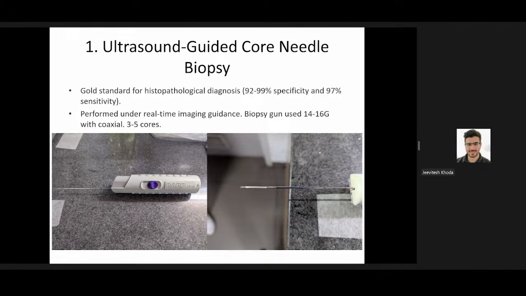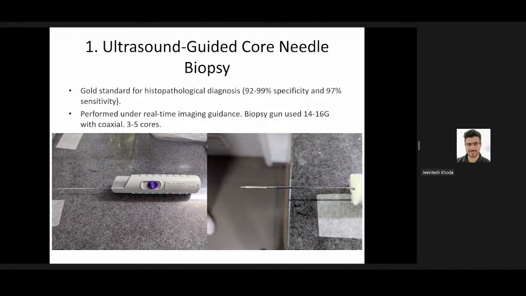From the moment the suspicion of cancer starts, any breast lump presents or any diagnostic need is there, the first thing the patient will undergo after diagnostic workup will be a biopsy of the lesion. It is the gold standard for histopathological diagnosis, and is performed under real-time ultrasound guidance.